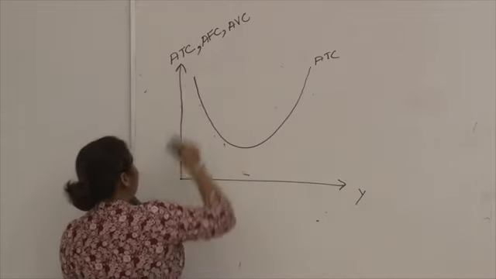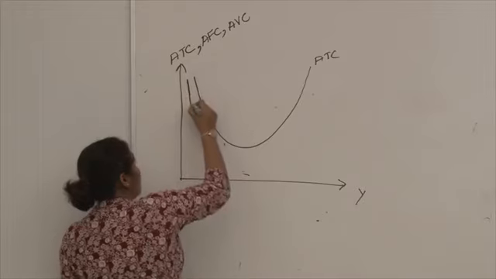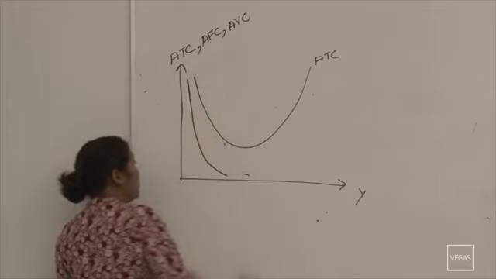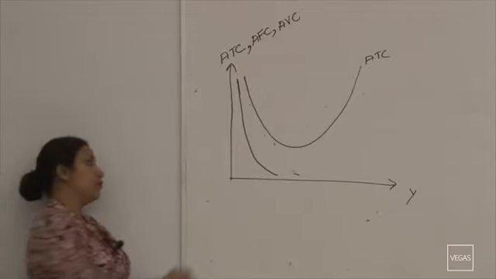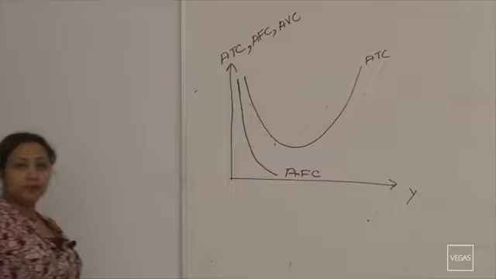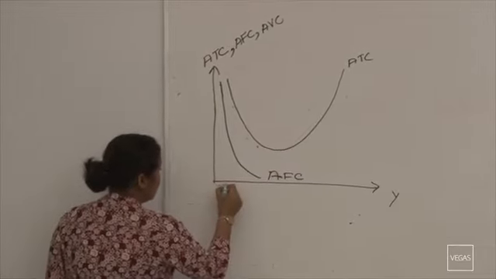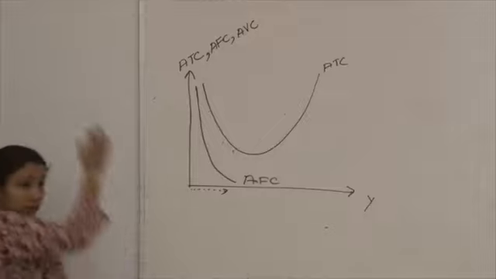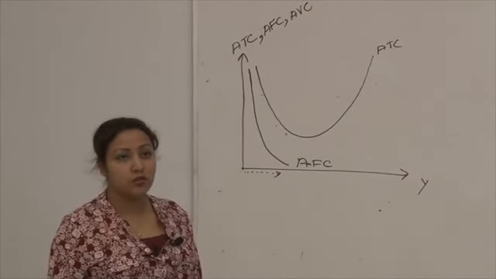Don't draw it yet, let me draw it, then you draw it. I'm trying to show something. So it will be like that, isn't it? Average fixed cost, downward sloping, because of the spreading out effect. As you produce more output, the fixed cost is getting spread out, so the average fixed cost is falling.